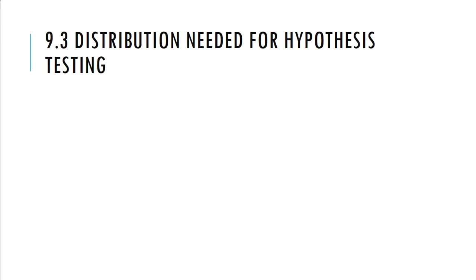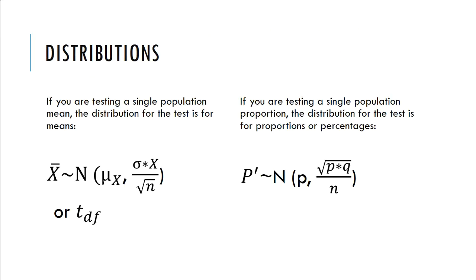Let's talk about the 3 types of distribution needed for hypothesis testing. When we write our distributions, if you're testing a single population mean, the distribution for the test for the mean is x bar tilde N, and in parentheses, the mean, comma, standard deviation over the square root of n, or t with the degrees of freedom.